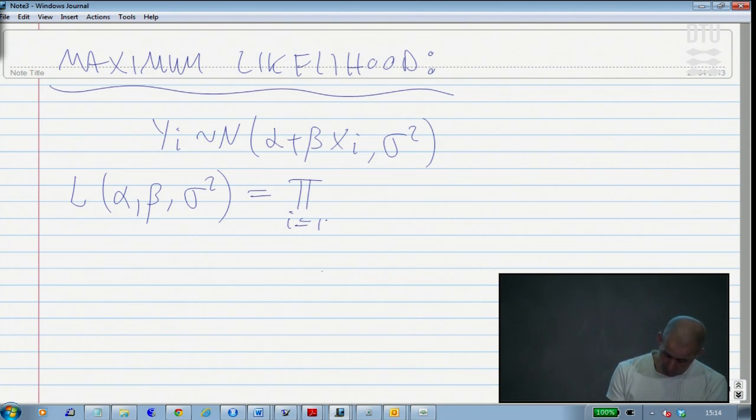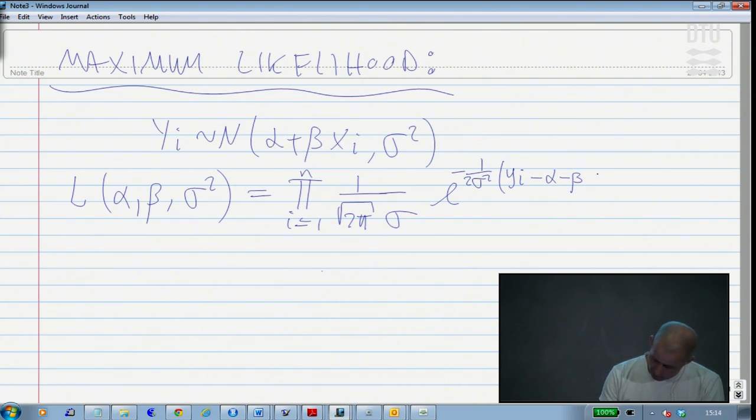The likelihood function becomes the product of each normal density, inserting the unknowns, e to the minus 1 over 2 sigma squared, yi minus alpha minus beta xi squared. This is the normal density function used for the likelihood function.